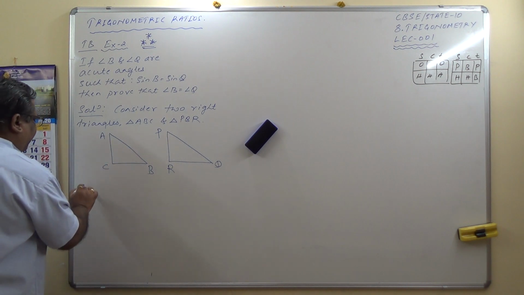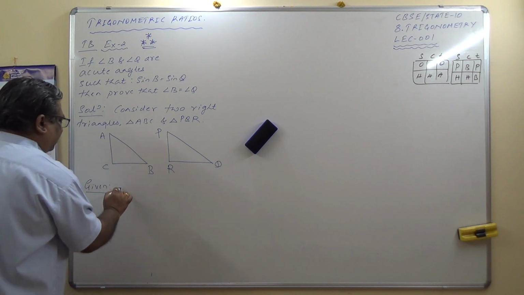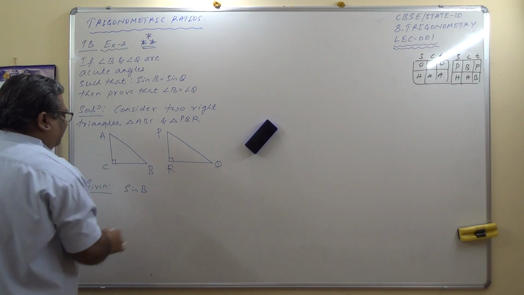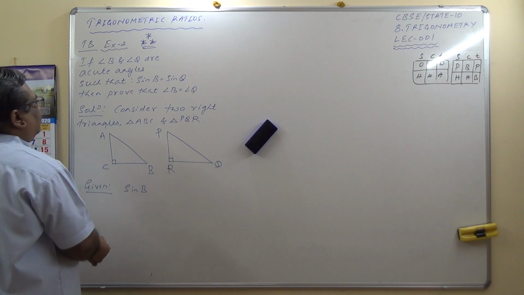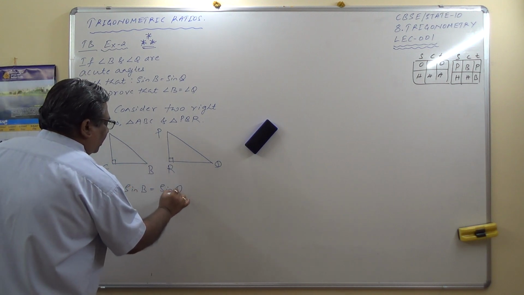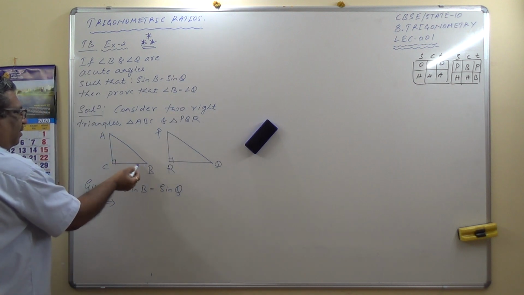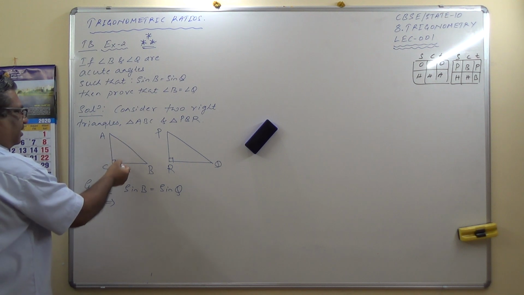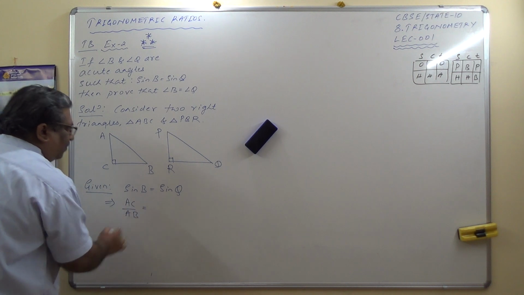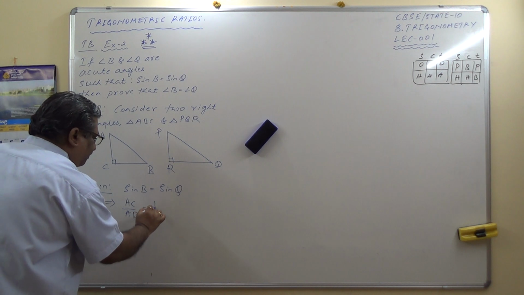In this one given, this is a right triangle, very important, right angled at C and right angled at R. Sine B equals sine Q, which implies sine B is opposite by hypotenuse, AC by AB, and sine Q is PR by PQ.